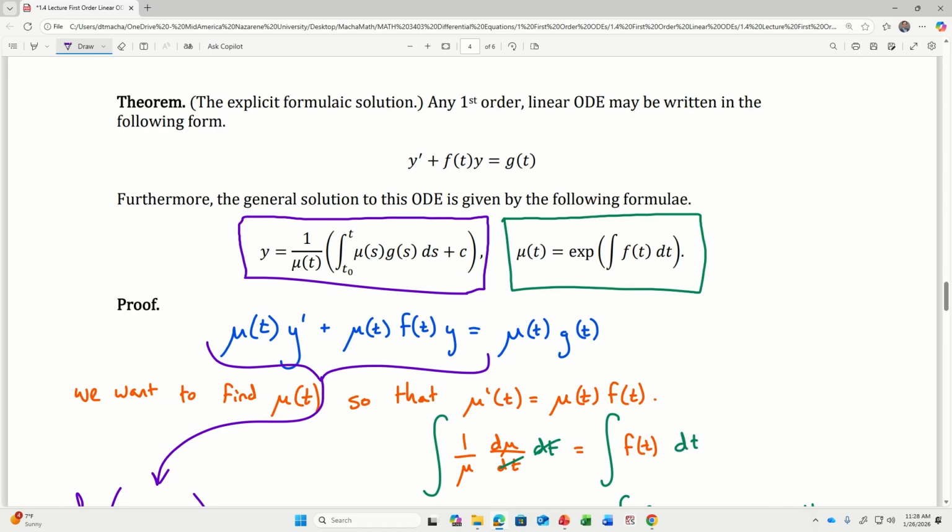Okay, so if you wanted to, you could just memorize these formulas instead of having to think through how to find the integrating factor, instead of having to think through how to reverse the derivative product rule. That would be a totally valid thing to do: you could just put your ODE into this form and then apply these formulas.